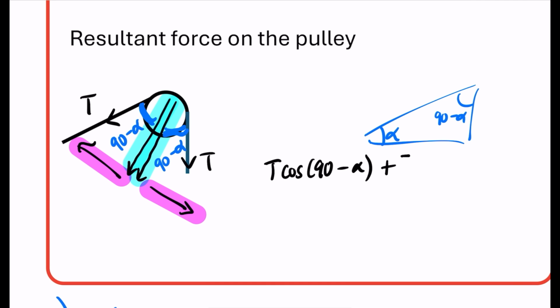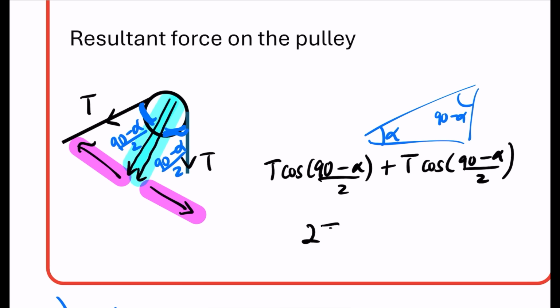And then for the other string, it is also T times the cos, not 90 minus alpha, 90 minus alpha over 2. Excuse me, it is 90 minus alpha over 2 because it is going in the middle of this angle, so it will be half of that. So it's T times cos of 90 minus alpha over 2. And because there's two of them, we can just write this as 2T cos of 90 minus alpha over 2.